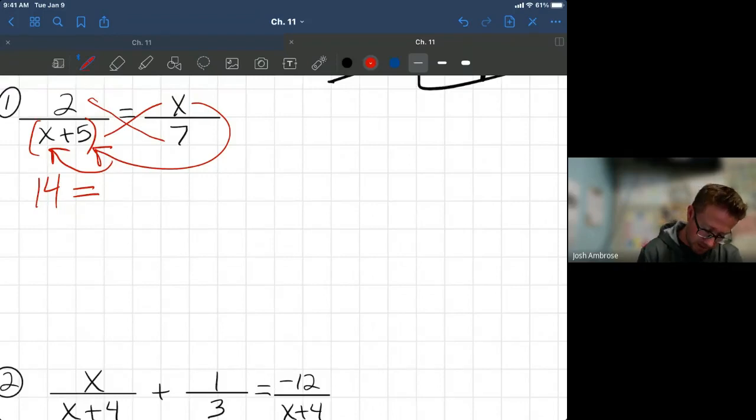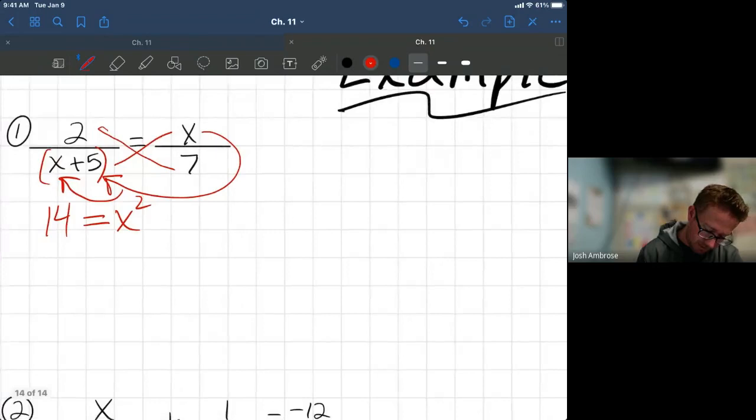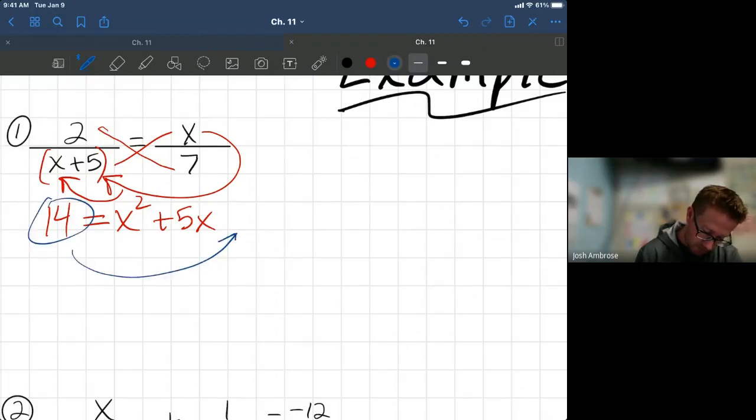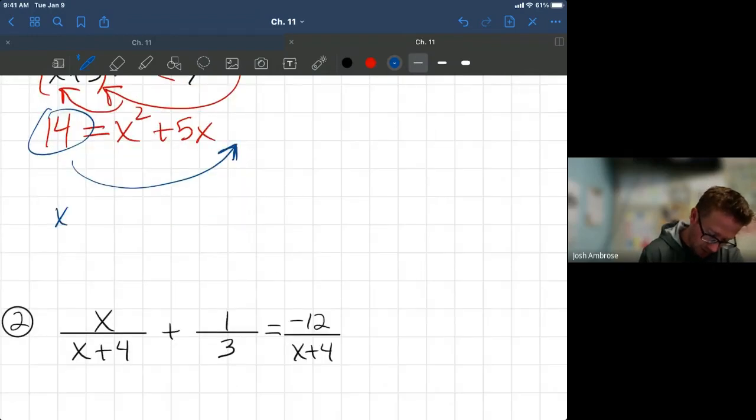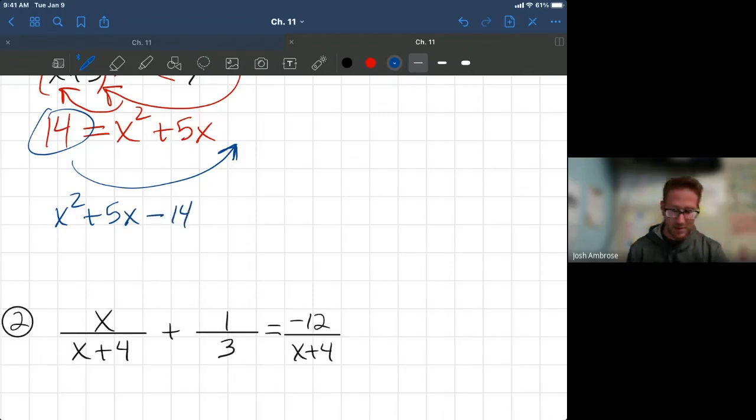So x times x is x squared, and x times 5 makes a positive 5x. Take the 14 and move it to the other side. Now creating x squared plus 5x minus 14, because we moved it across the equal sign.